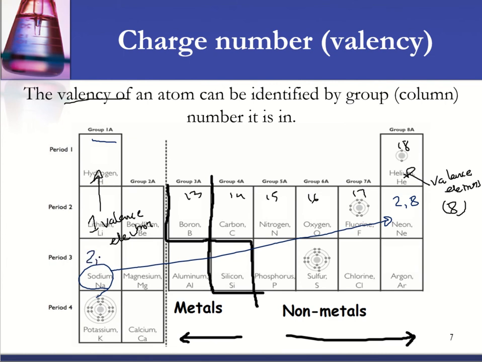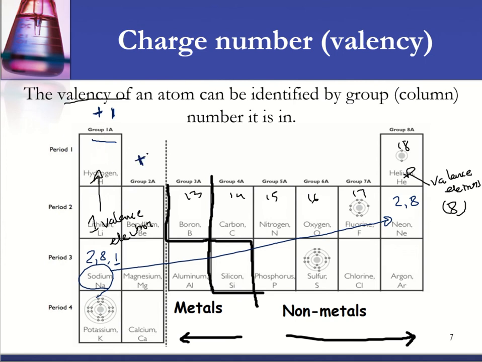Sodium has a configuration of 2,8,1, the 1 being the 1 valence electron. So if I lose that 1 valence electron, I can be very stable. So anything in group 1 we want to lose 1 electron, so we denote that as +1. So we're losing 1 negative charge.